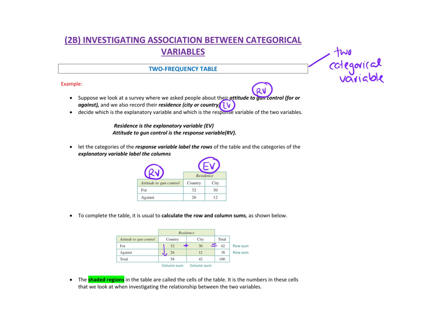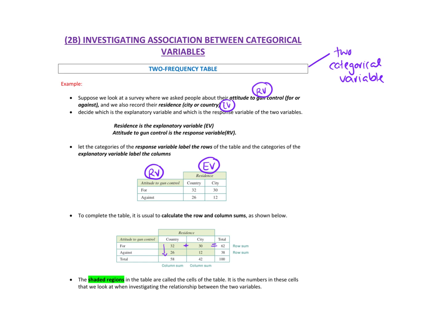The shaded regions in the table are called cells, and it is the numbers in these cells that we look at when we're investigating the relationship between two variables. But sometimes just looking at the raw numbers is not really going to tell us too much about the association, because we might not have had the same amount of people that we were surveying.